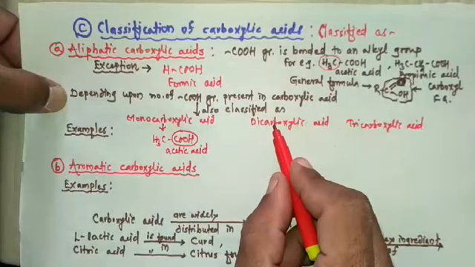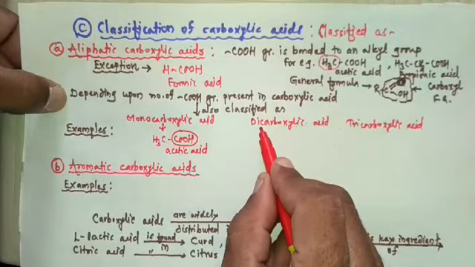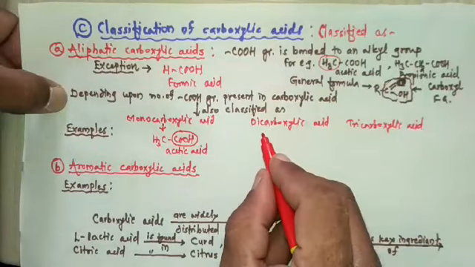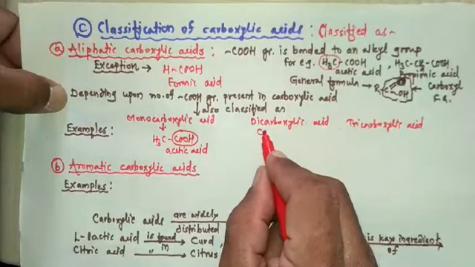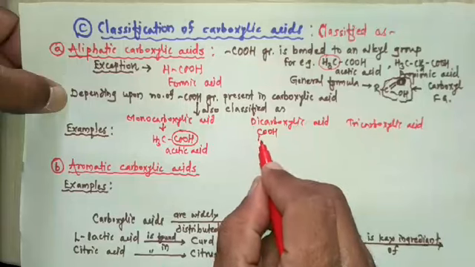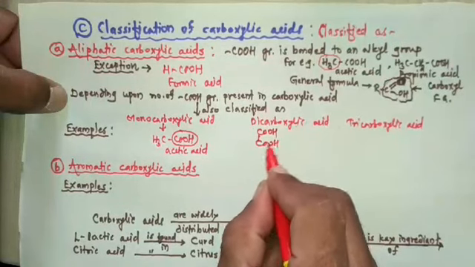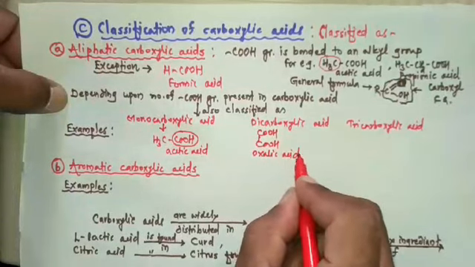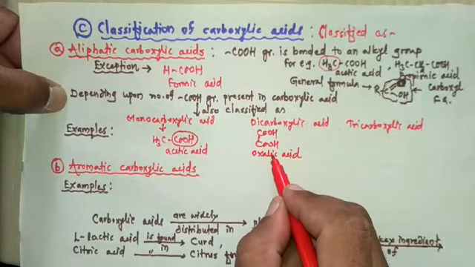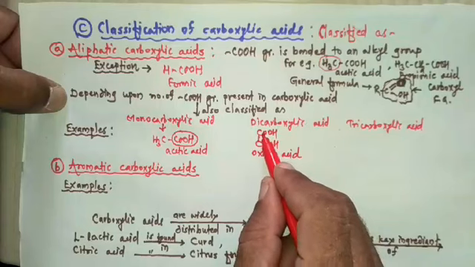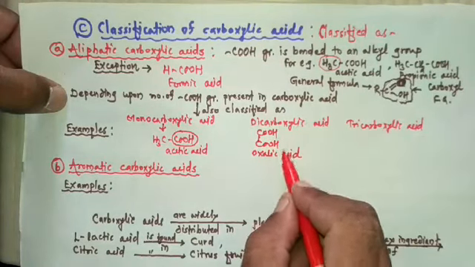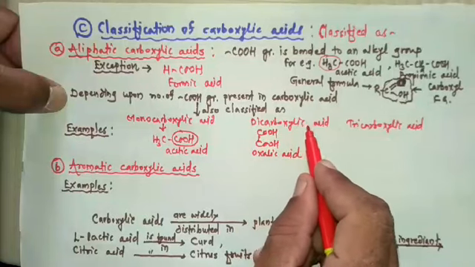Then let's study the example of dicarboxylic acid. So COOH attached to another COOH, and name of this compound is oxalic acid. So in oxalic acid, 2 carboxyl groups or 2 COOH groups are present. That's why it is the example of dicarboxylic acid.